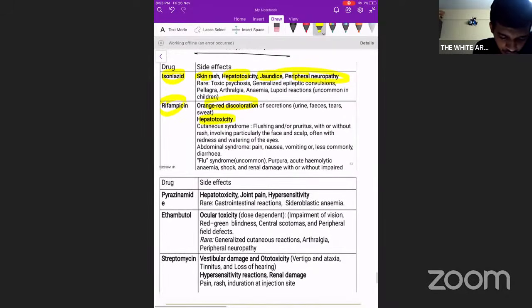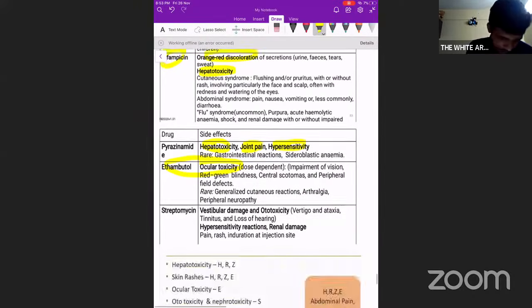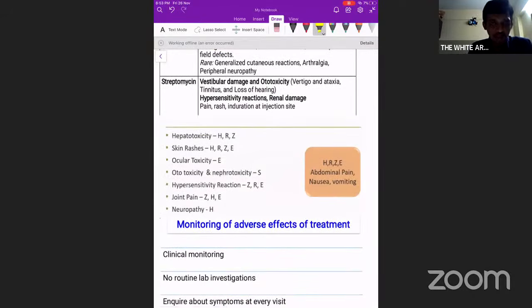Pyrazinamide also can cause hepatotoxicity, joint pain, and hypersensitivity. And an important side effect of ethambutol is ocular toxicity, so there can be impairment of vision. Fine. So common side effects that we can expect are hepatotoxicity, skin rash, ocular toxicity, ototoxicity or nephrotoxicity, hypersensitivity reaction, joint pain, and neuropathy.